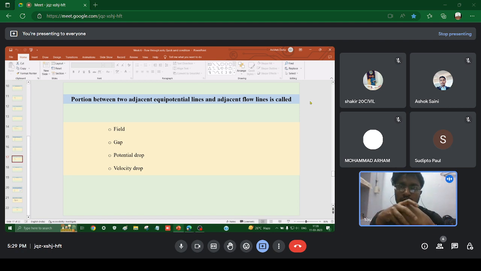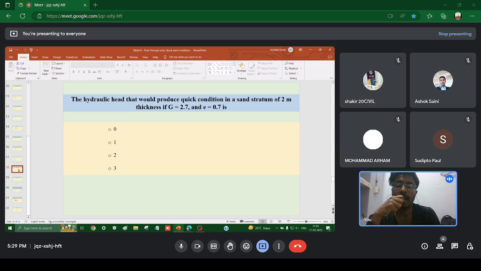The space between two adjacent equipotential lines and two adjacent flow lines, what is it called? Field, gap, potential drop, velocity drop. Next question.